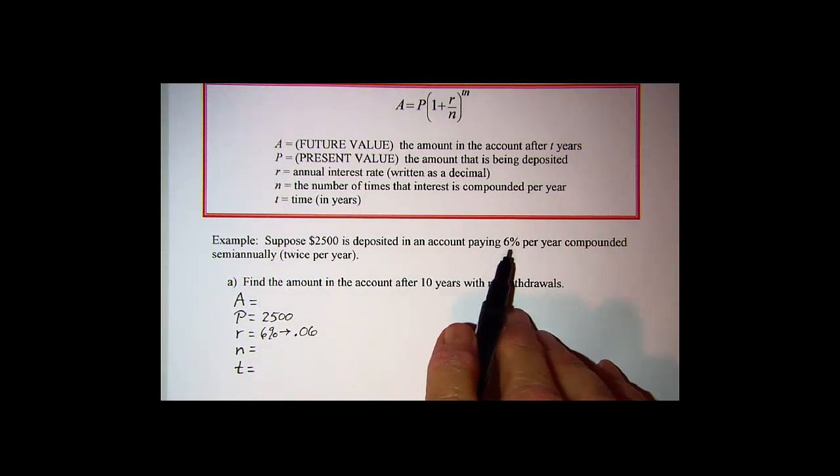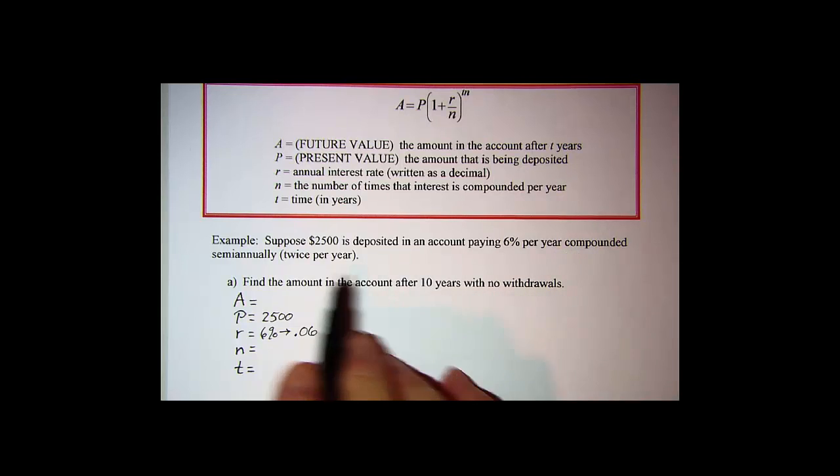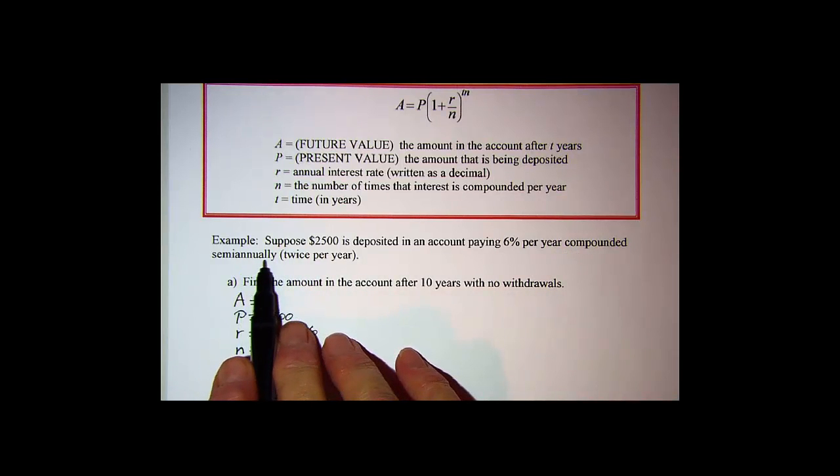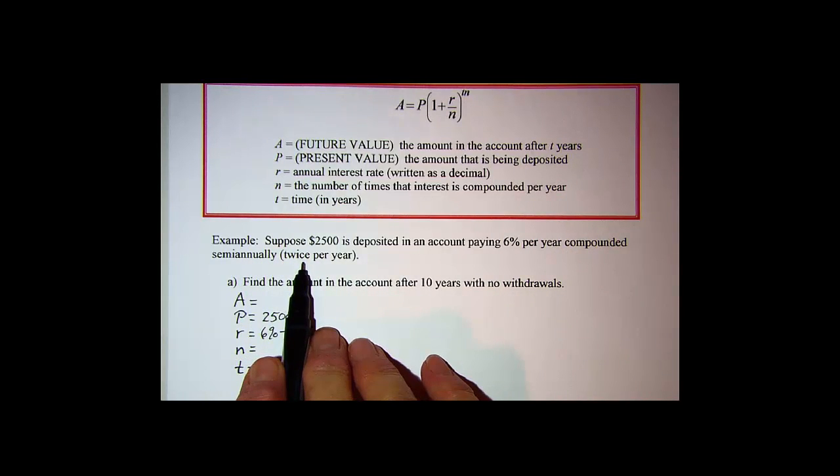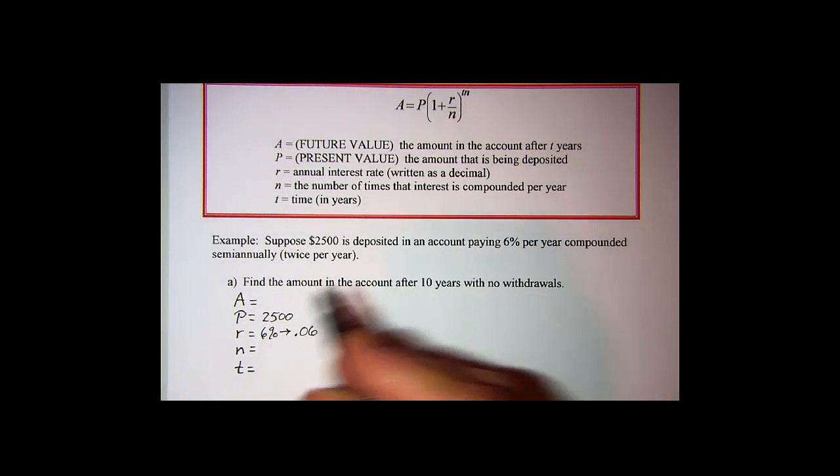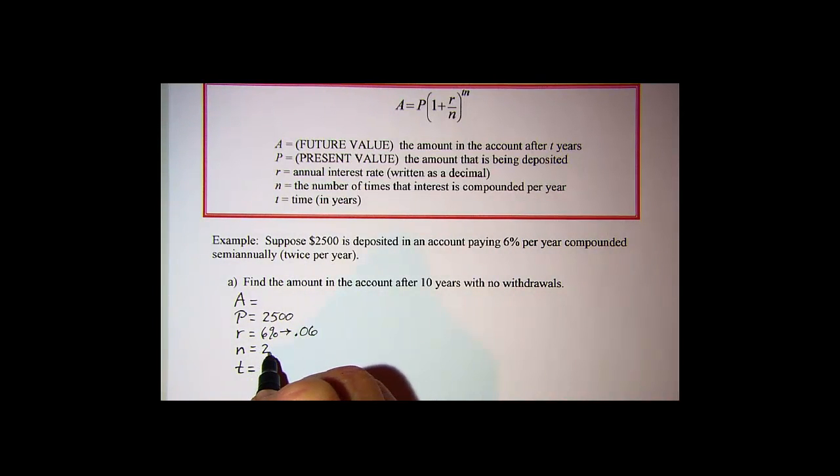Our N is the number of times that our interest is compounded. Since it's semi-annually, that means N is 2, because it's twice a year. And we're finding our interest after 10 years, so the time is 10.